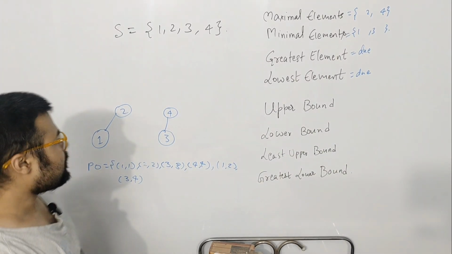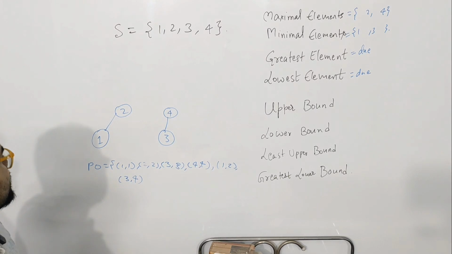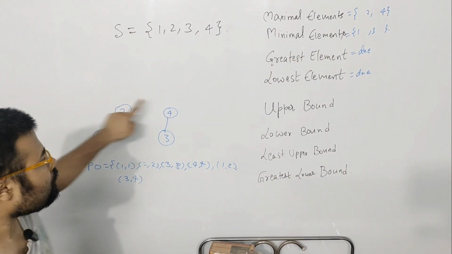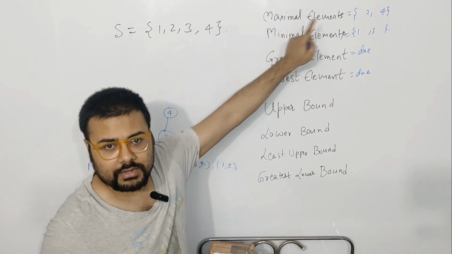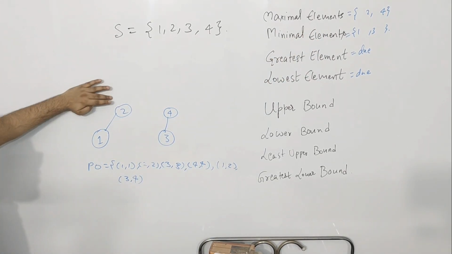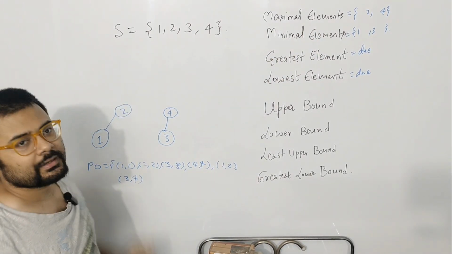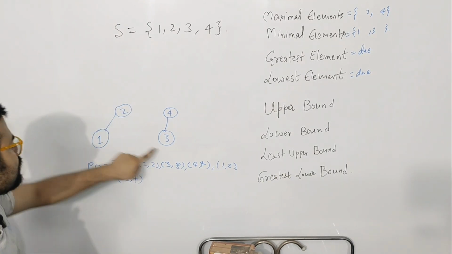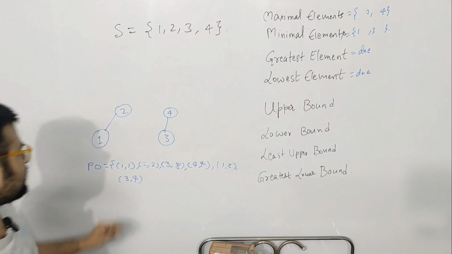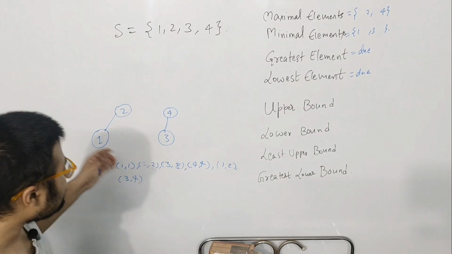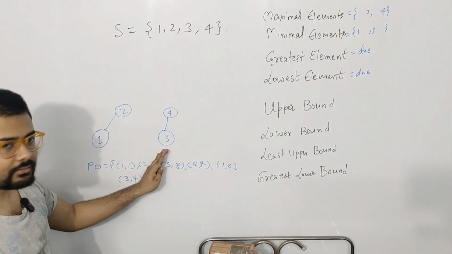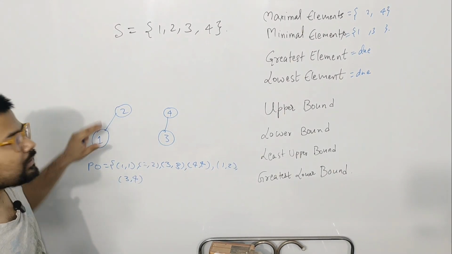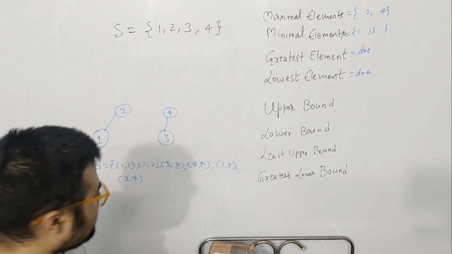But as you can see, you still have 2 minimal elements and 2 maximal elements, right? Now 1 and 2 are comparable, 3 and 4 are comparable. But 1 and 3, 1 and 4, 3 and 2 are not comparable. So elements in different connected components of your Hasse diagram, if there are two different components, are definitely incomparable.